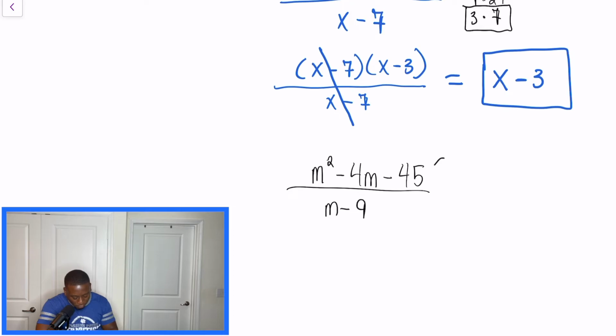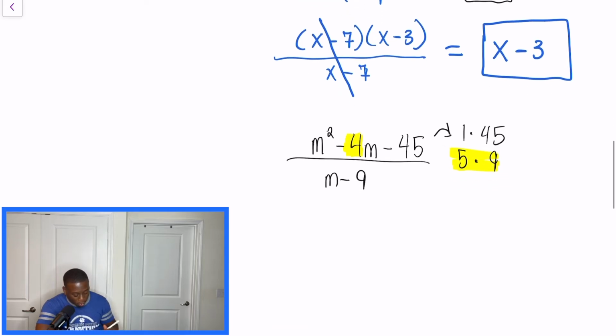When I look at my factors of 45, I have 1 times 45, and I have 5 times 9. I think that's most of the factors for 45. But we know we're looking for two factors that, when we manipulate the signs and add them, give us a negative 4. So I know it has to be 5 and 9, right?